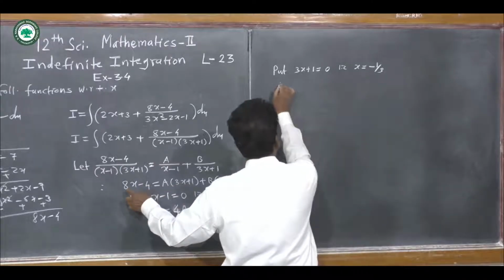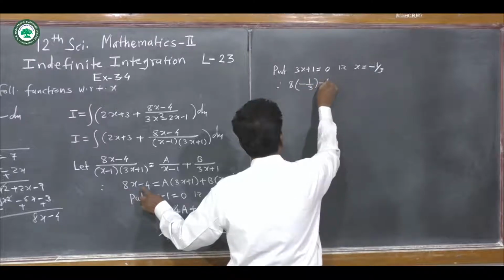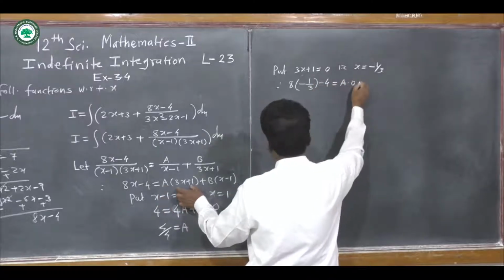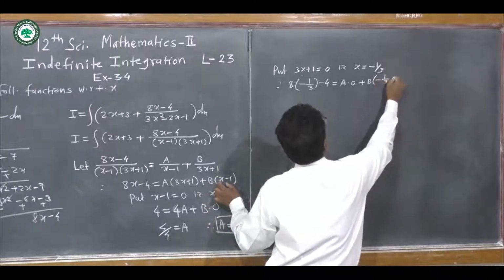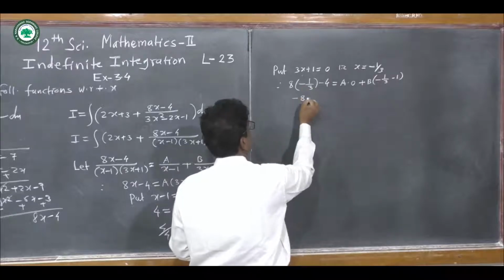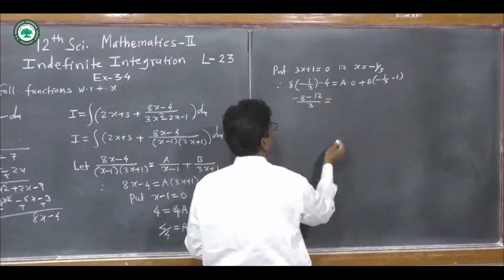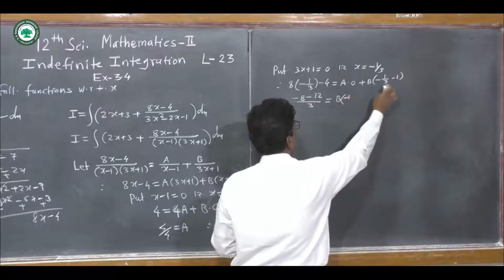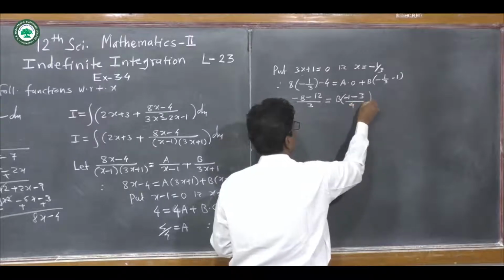So 8 into x, which is minus 1 upon 3, minus 4 is equal to a into 3x plus 1, which is 0. So a into 0, then plus b, with x as minus 1 upon 3 minus 1. So 8 into minus 1, minus 8, and minus 3 4s are 12, upon 3 is equal to b in the bracket minus 1, and this minus 1 into 3, that is 3 divided by 3.